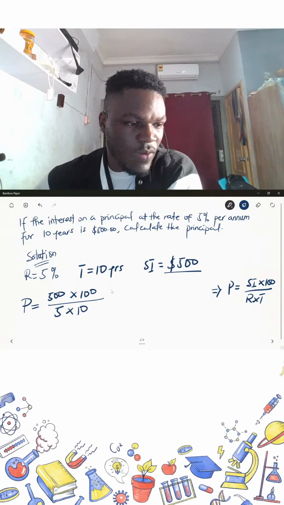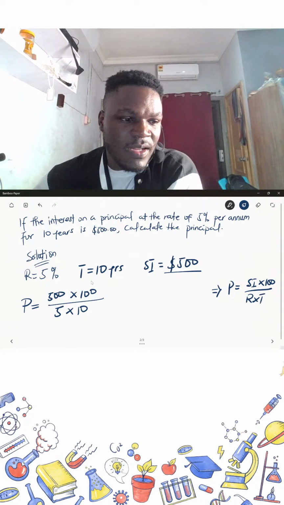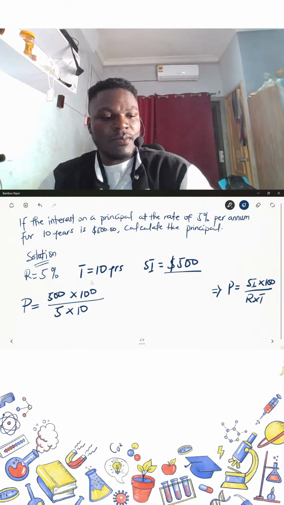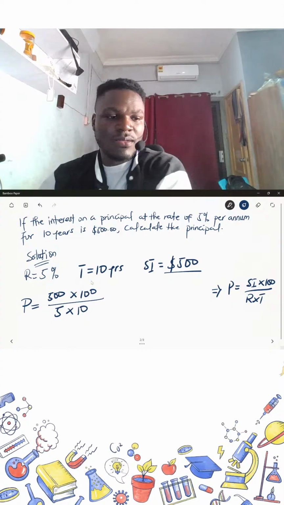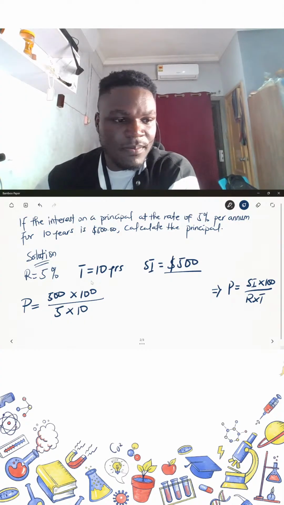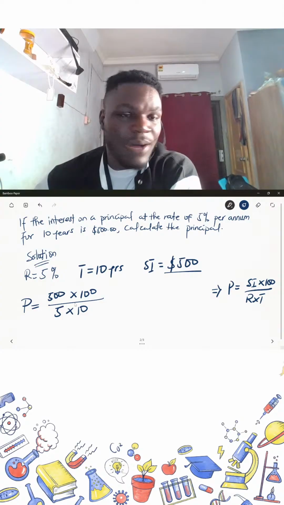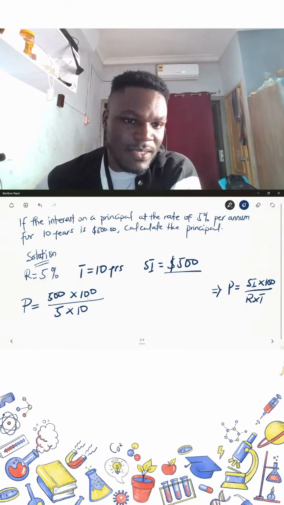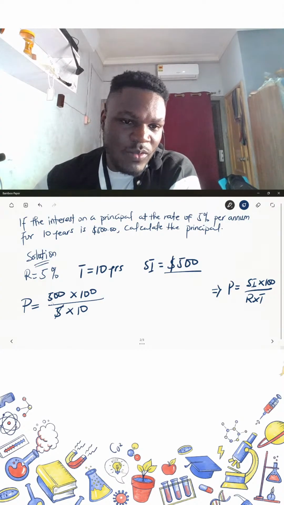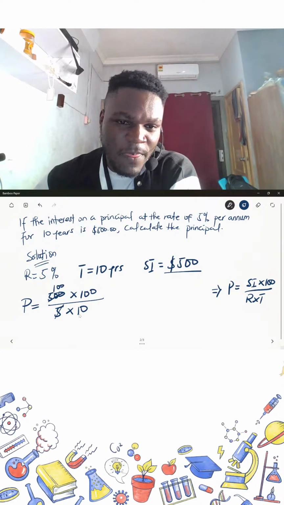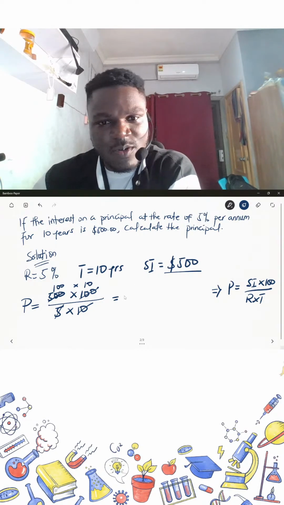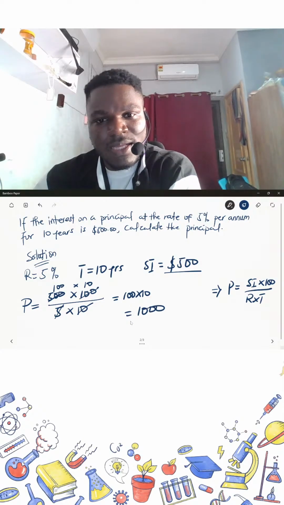All that is left is some cancellation. 5 will go into 500 100 times. 10 will go into 100 10 times. So 100 multiplied by 10 gives me 1,000 as the principal.